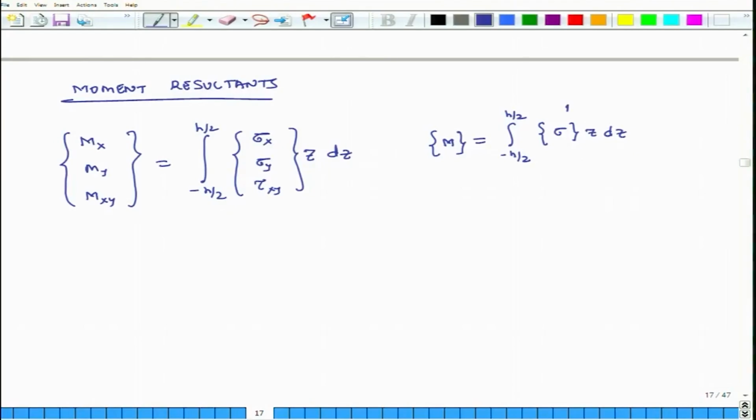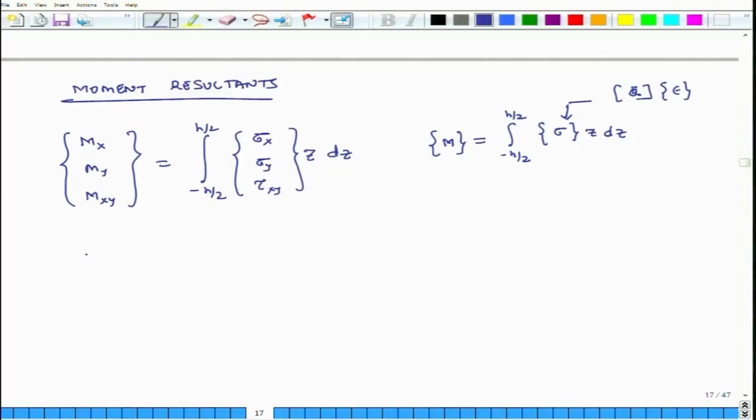But sigma, the stress vector, is what? It is the Q bar matrix for each layer. If I have to compute it at any layer, what do I do? It is Q times strain, and strain is the mid plane strain plus z times curvature.